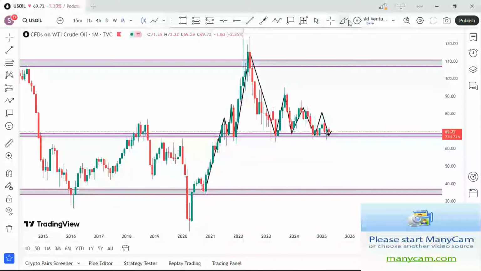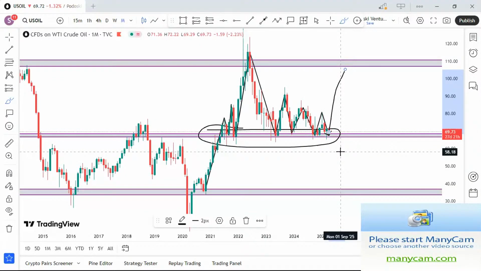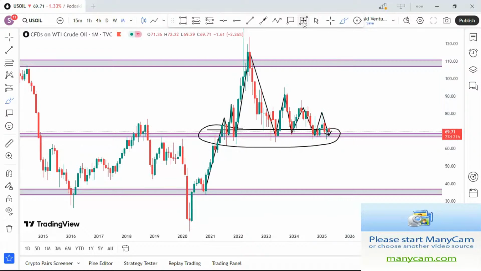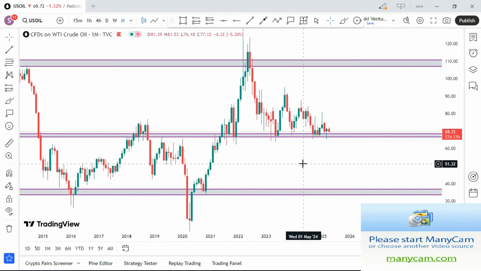Anytime price comes to this particular zone, it tends to go up. So I'm expecting US oil to go to the upside again. You're only going to be looking for buying opportunities.